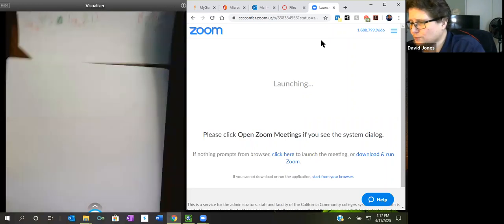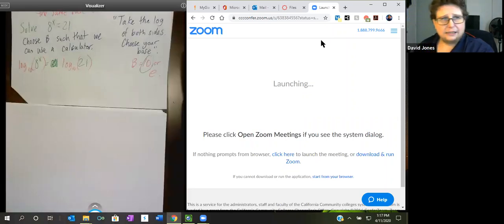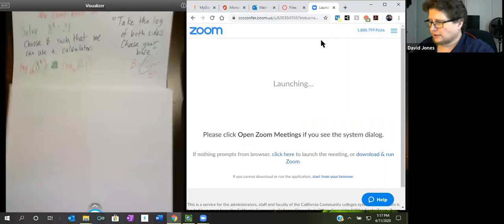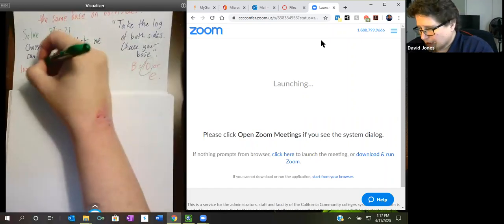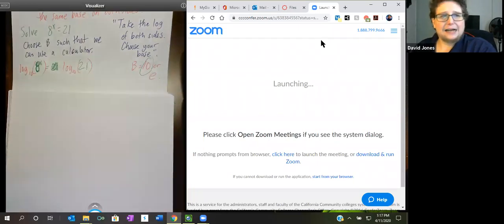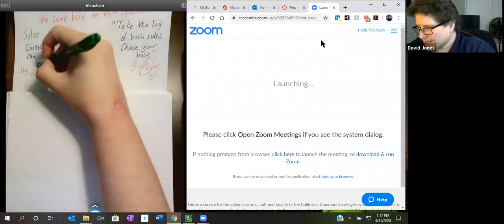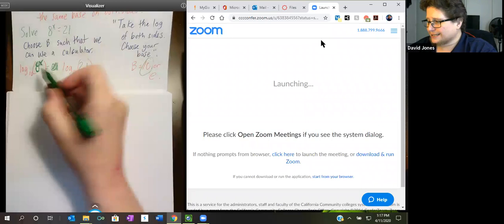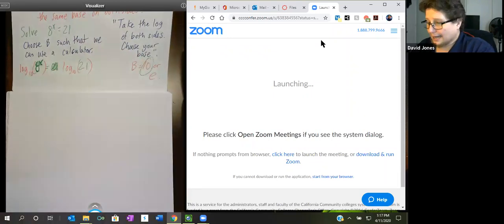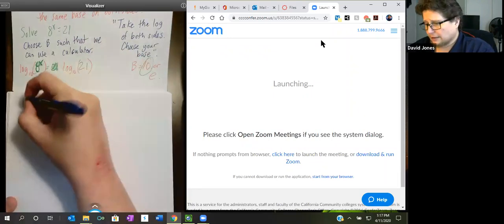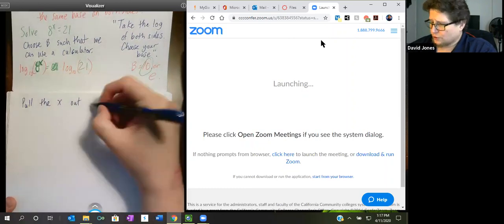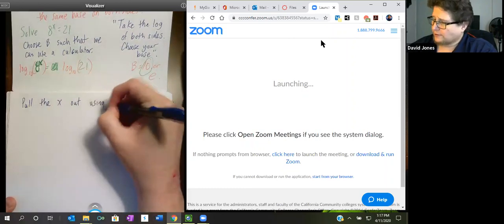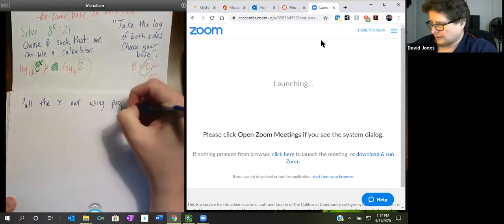What can I do with that? Well, this x here is an exponent, and now it's inside the logarithm. I can pull the x out using logarithm rules or properties of logs.